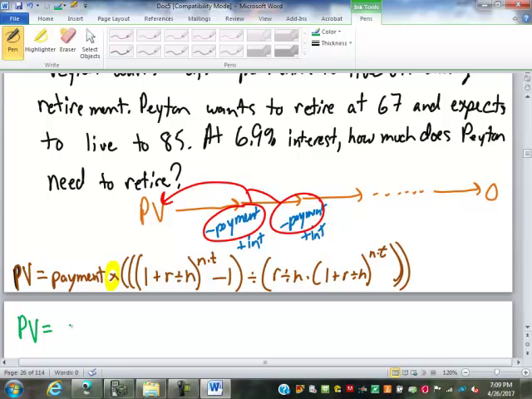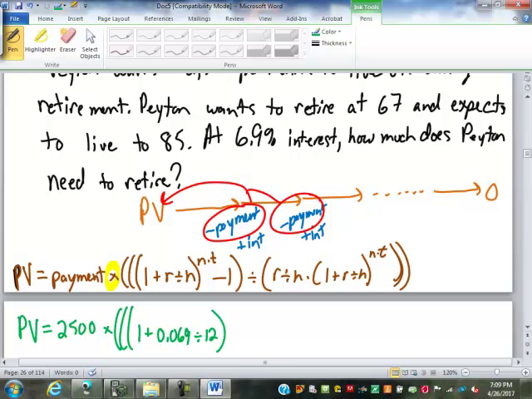Okay. So Peyton's present value. Peyton wants $2,500 a month. Remember, this is the required present value, the present value that would be required to withdraw $2,500 a month. Times the parentheses 1 plus 0.069. This is monthly, so divided by 12.